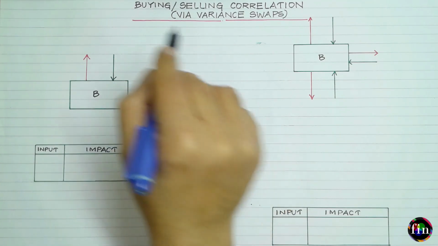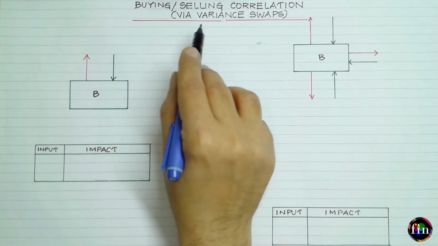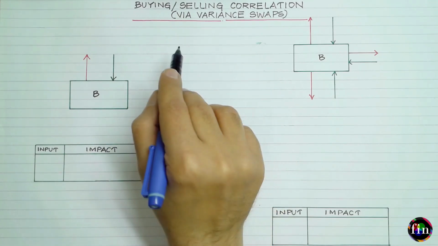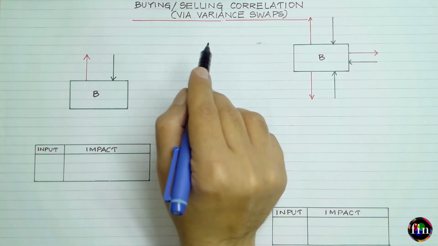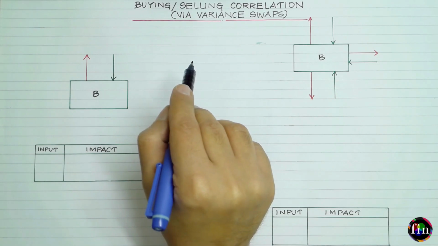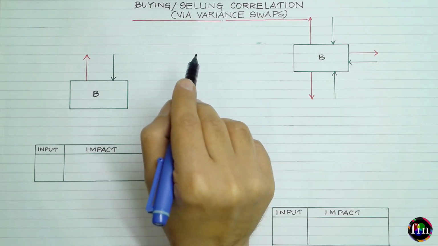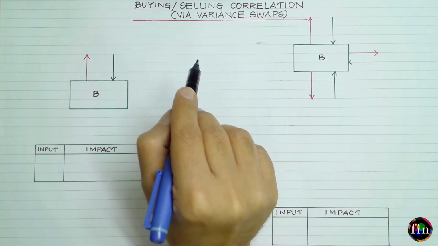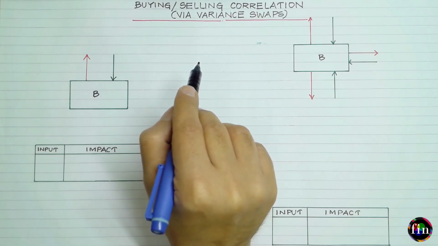The reason why we are not going the options route and sticking to variance swaps is because yes, the options do respond the way I want them to when the correlation changes, but the problem with options is that they have that extra variable, the spot price, that I need to worry about.